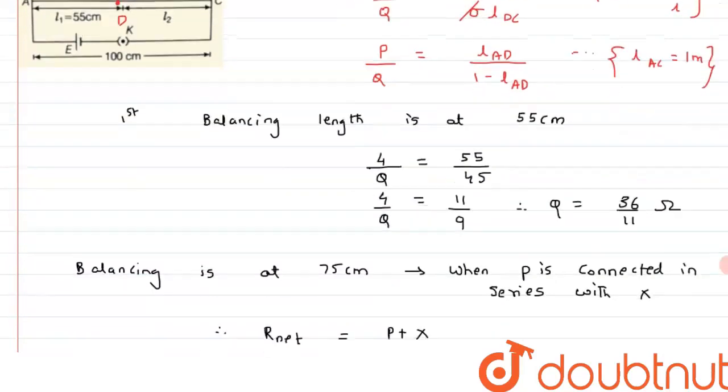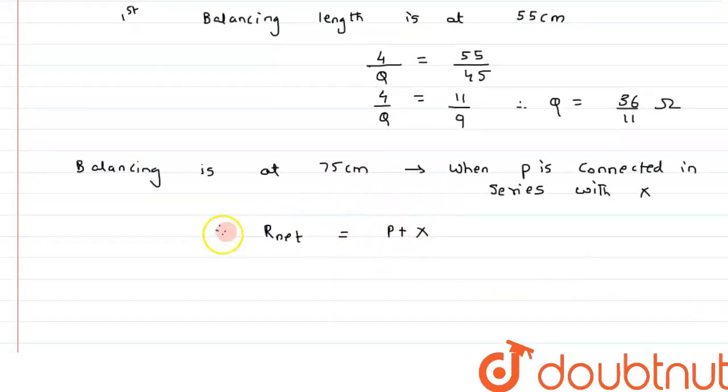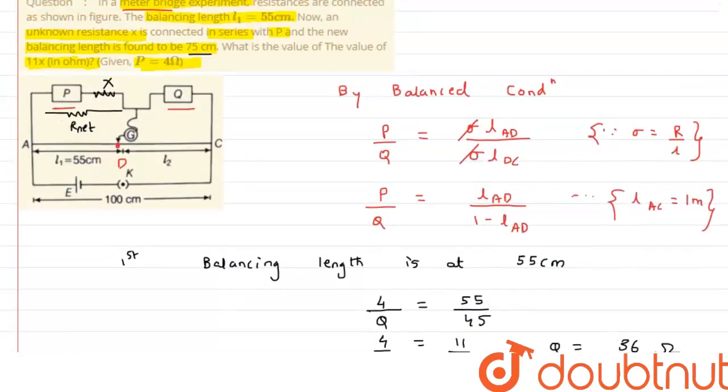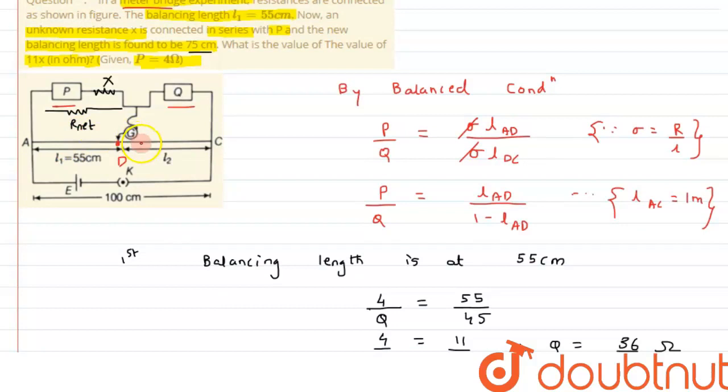So from here we can now again use the balancing condition. By the thing which we have proved above, P by Q, that is R net by Q, will be equal to, now the balancing length has been shifted to 75. So let's suppose this is the point where the new balancing length is, and let's suppose this point to be D dash.